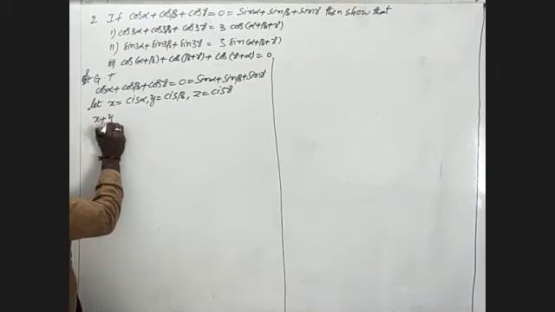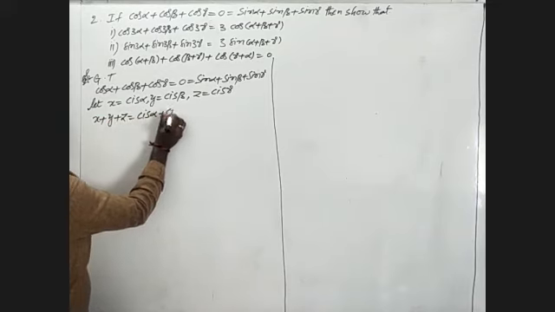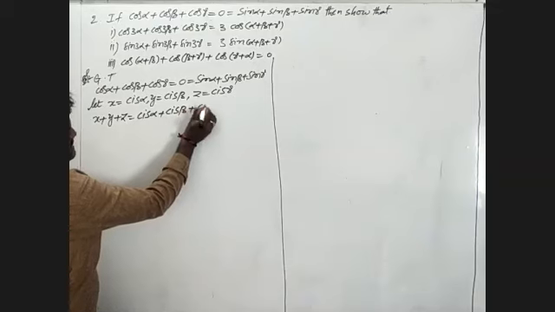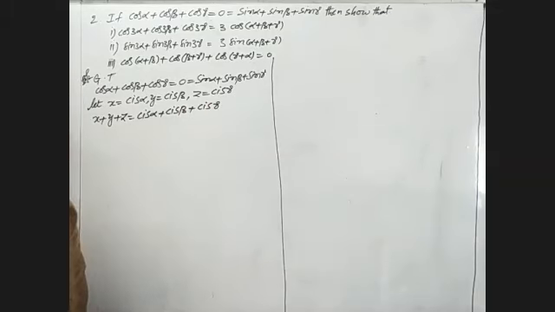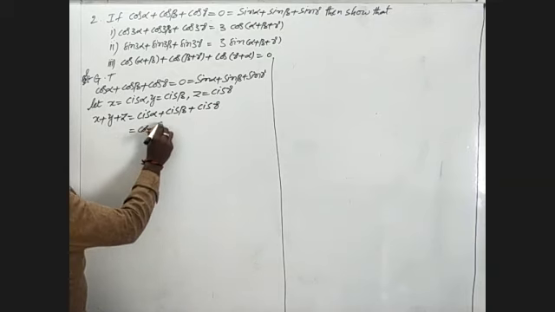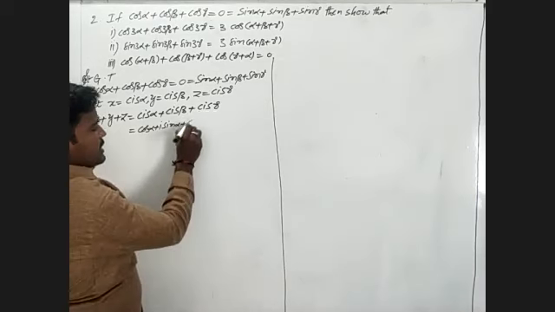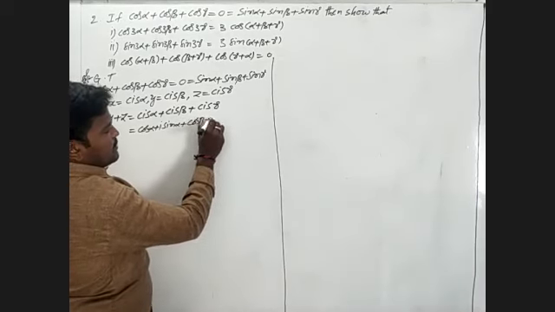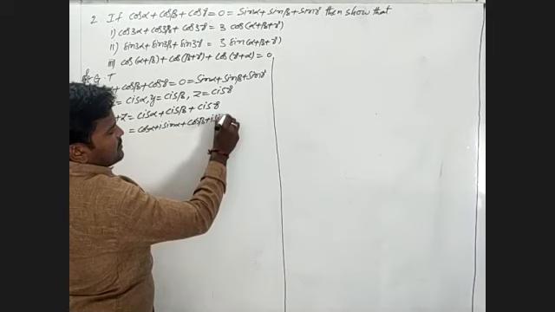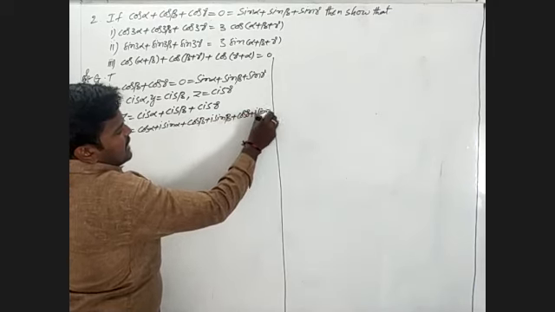Then x plus y plus z is equal to cis alpha plus cis beta plus cis gamma, where cis alpha is cos alpha plus i sin alpha, cis beta is cos beta plus i sin beta, cis gamma is cos gamma plus i sin gamma.